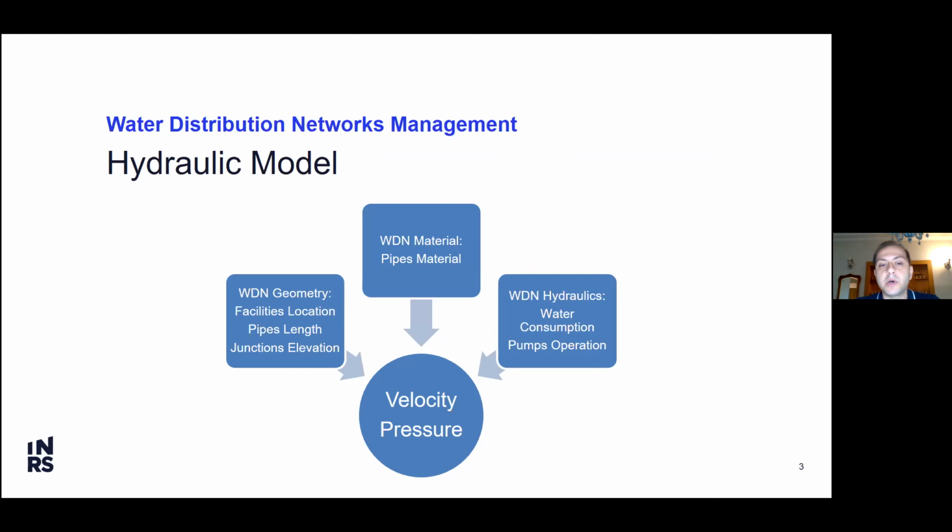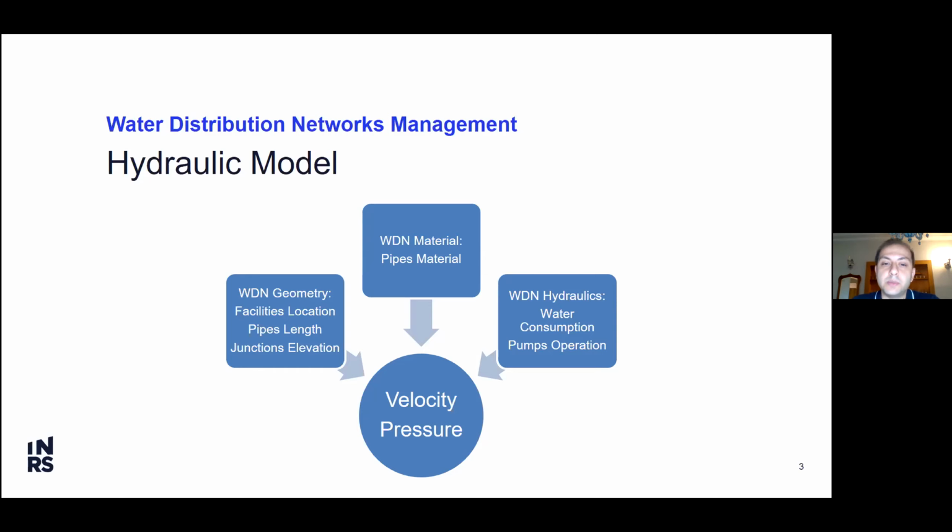In the hydraulic model, we need some information as inputs to get the output. The output of the hydraulic model will be the velocity and the pressures in the whole water distribution network, in all the pipes, junctions, and all of these components of the network.